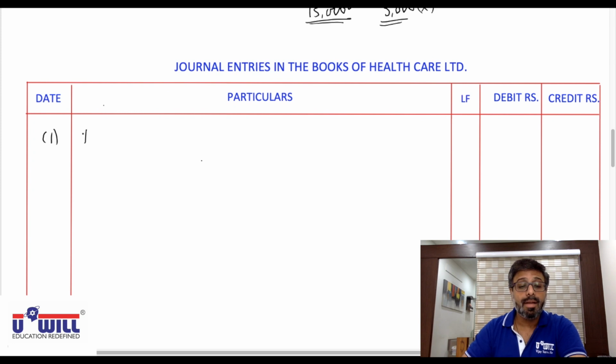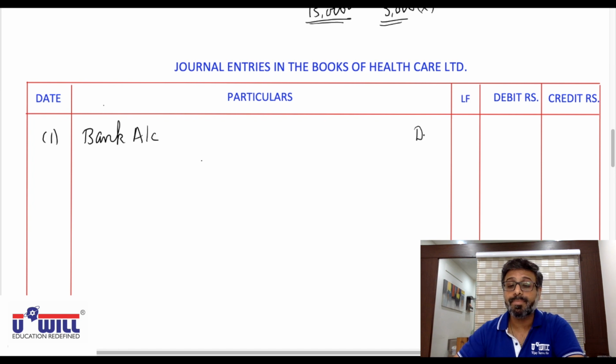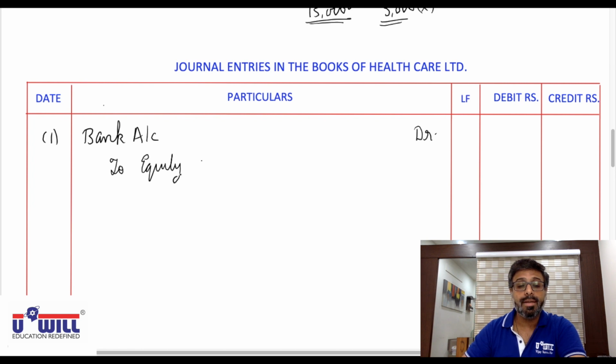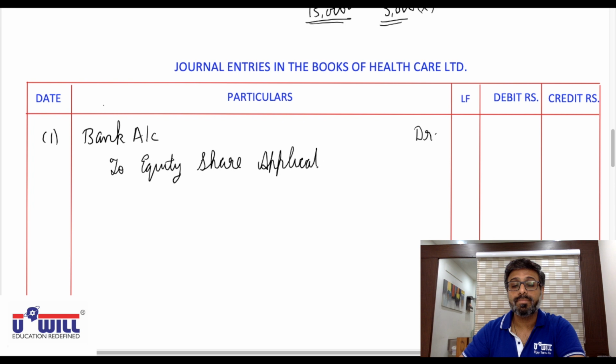First one. Bank is the receiver, so debit the receiver: bank account debit, and temporarily we will transfer the money to equity share application account. What amount?